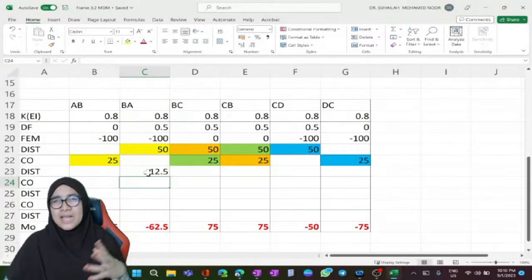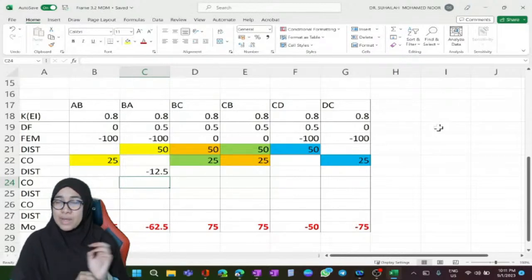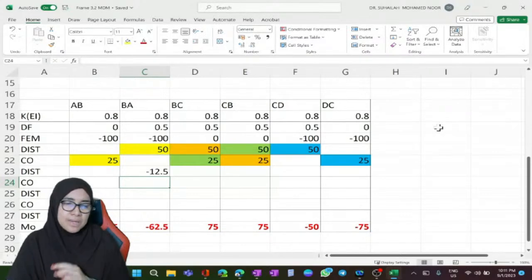Okay, this is actually the example in the textbook. The first example of frame analysis in the textbook. This is quite straightforward. That is why you find the value like this. But in real one, you will find it is quite difficult because all the values are not like this.